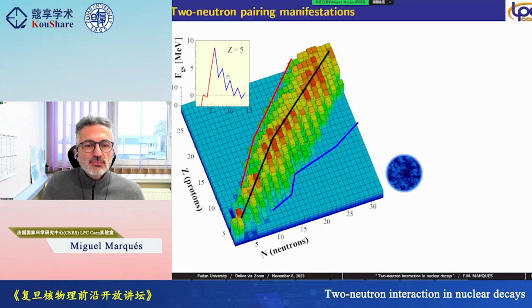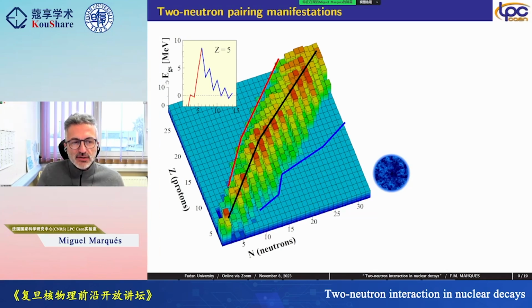So first, before going to the outline, this is a picture that illustrates quite well the importance of two-neutron interaction and two-neutron pairing. So this is the chart of nuclei, and here in the z-axis you have the energy of the first particle threshold, and you can see clearly the valley of stability, the proton dripline, and the beginning of the neutron dripline.